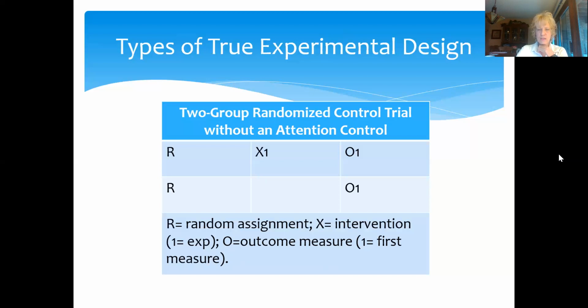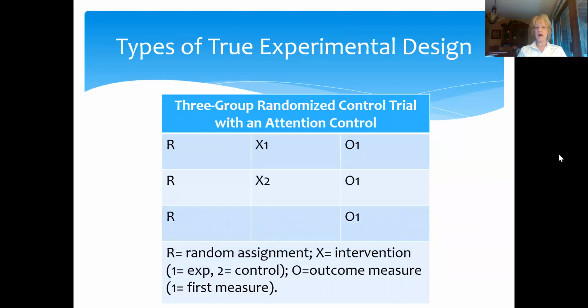But most people are now considering this a little weaker design because we can't answer the question, was it the attention alone or was it the specific intervention that caused the change in the outcomes?